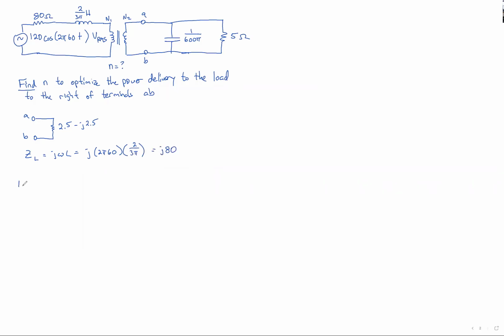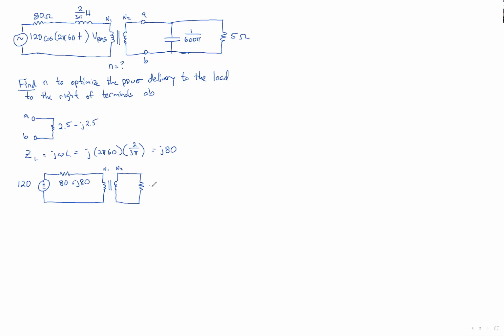So now we can rewrite our circuit in the frequency domain. Since the 80 is in series with this inductor, which has an impedance of j80, that's equivalent to a single 80 plus j80 impedance. It's not an inductor, rather it's a transformer with the primary coils of N1 and a number of secondary coils of N2.